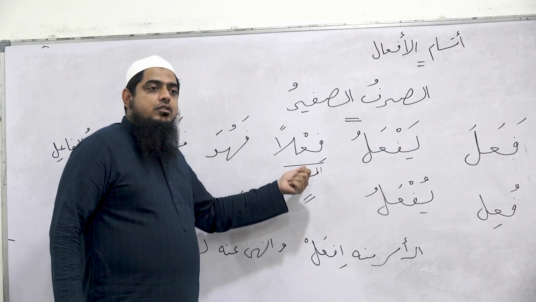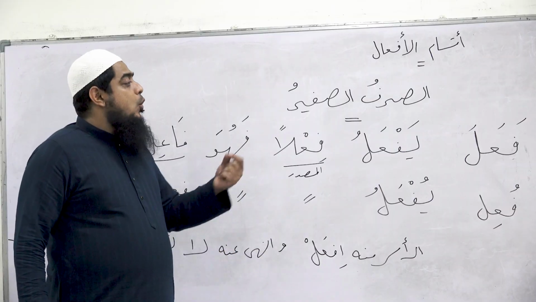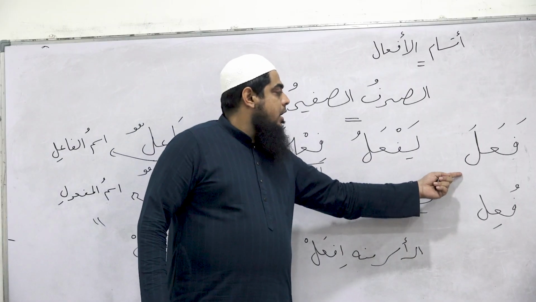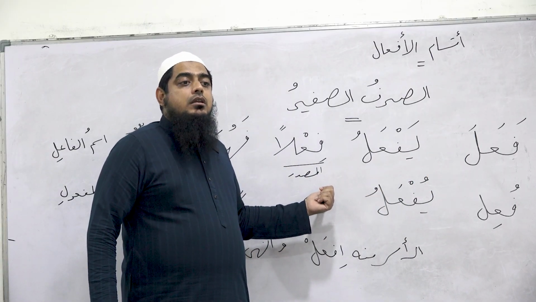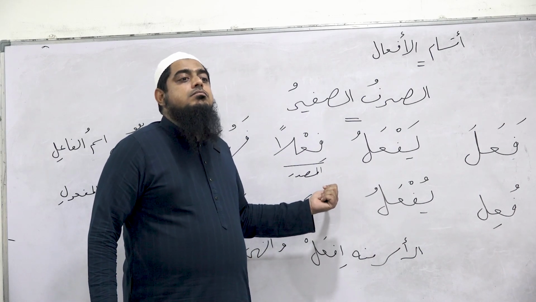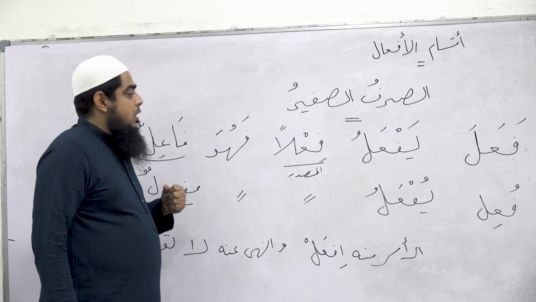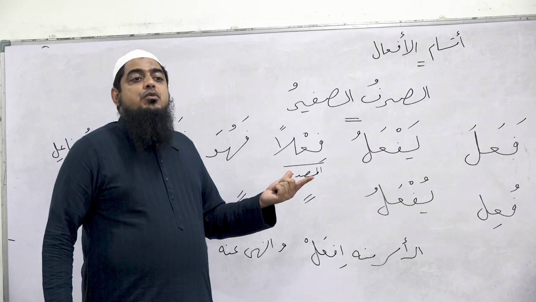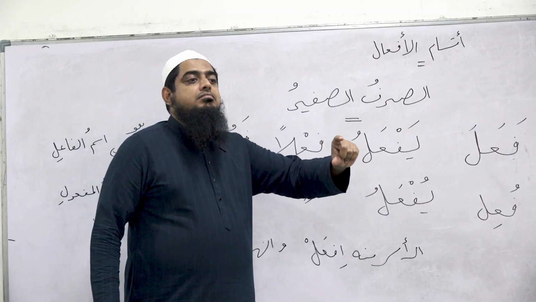But here we wrote fi'lan. Now you conjugate kataba. Kataba yaktubu kitabatan wa katban. Fahuwa katib. So masdar is not something which runs behind any proper formula.